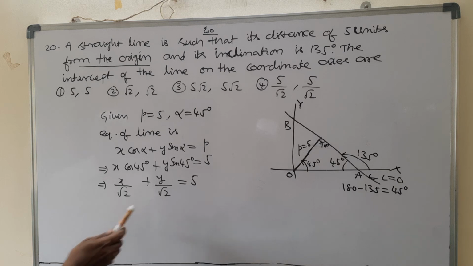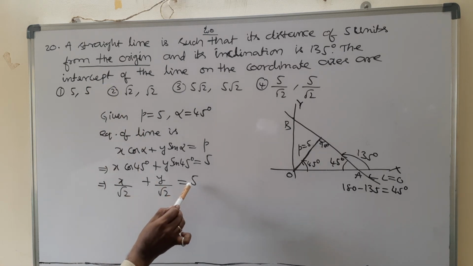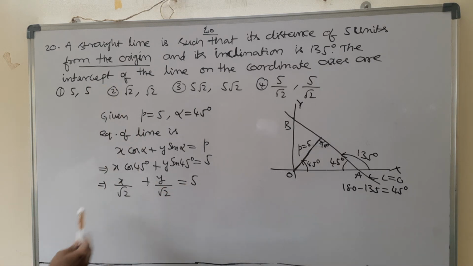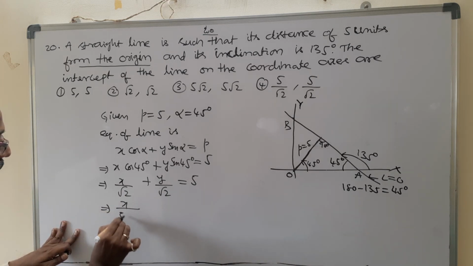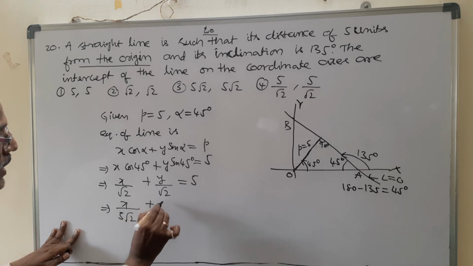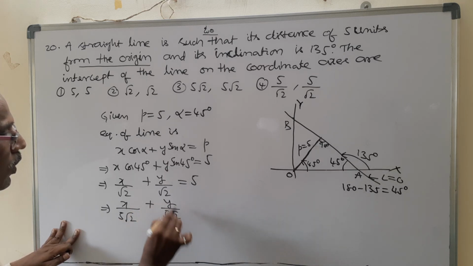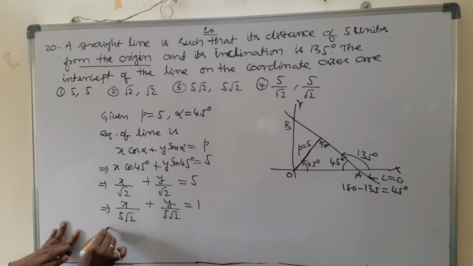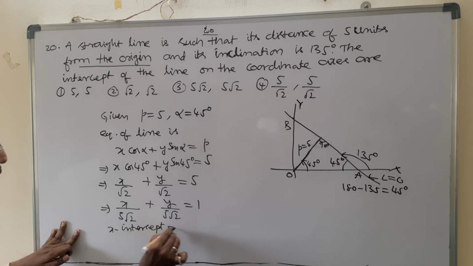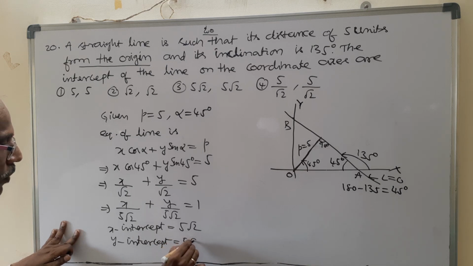Here this line is converted into intercept form. Dividing by 5 root 2, the line is x by 5 root 2 plus y by 5 root 2, and 5 divided by 5 is 1. The x-intercept is equal to 5 root 2, the y-intercept is equal to 5 root 2.